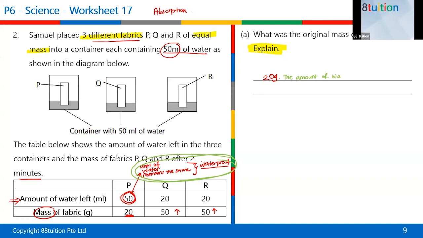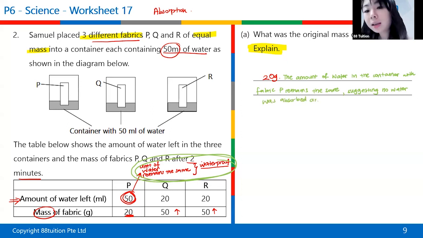The amount of water in the container with fabric P remains the same, suggesting no water was absorbed. And as what Javen said, P is waterproof. So this is the evidence.